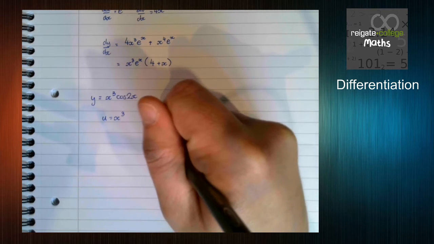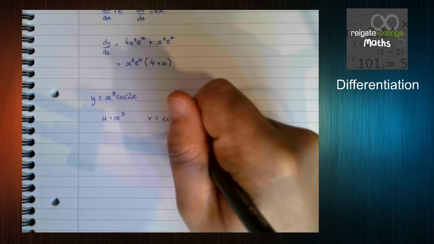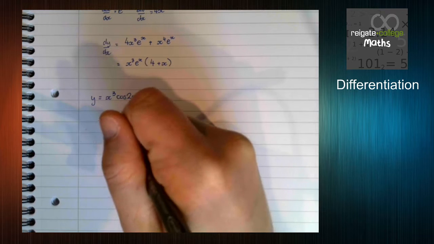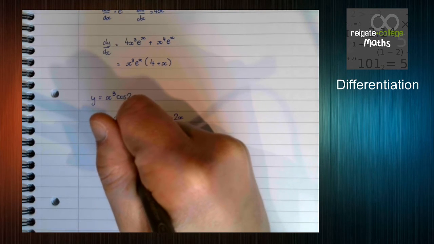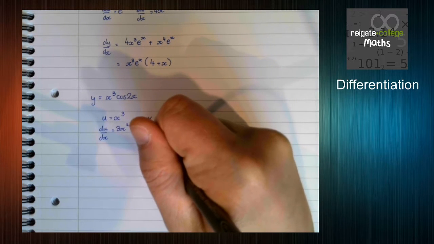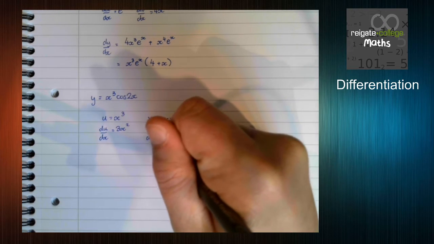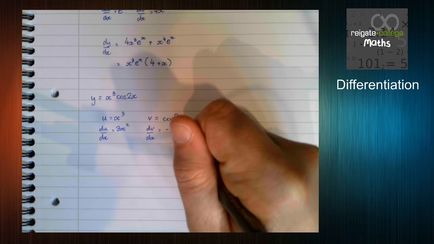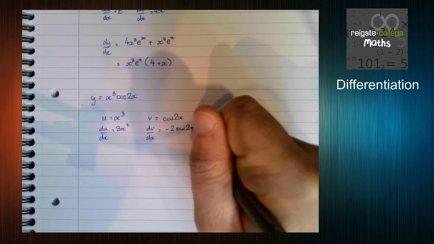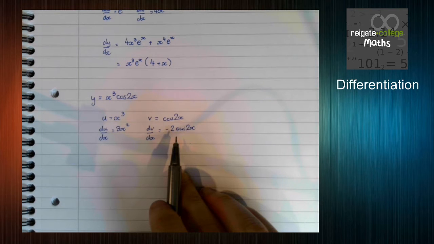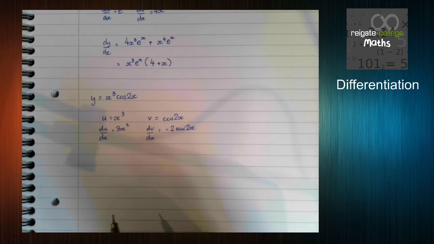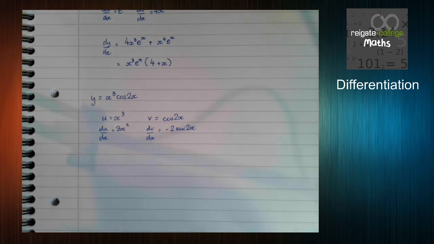So again, we identify our u and v, and we differentiate. If you need a reminder of how to differentiate this stuff, you can go back to the video on trigonometric differentiation.